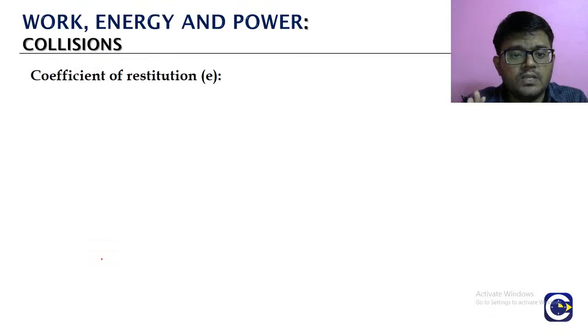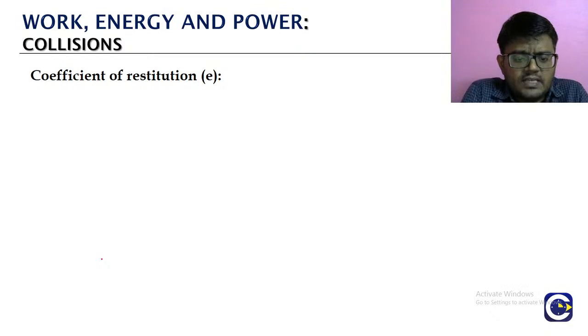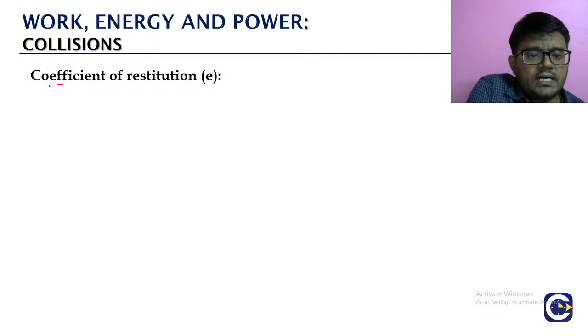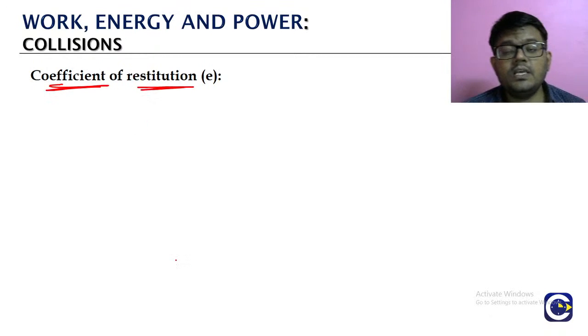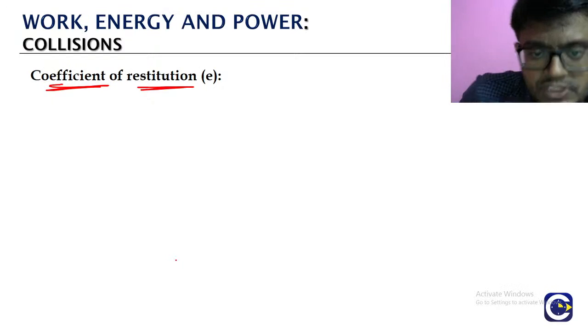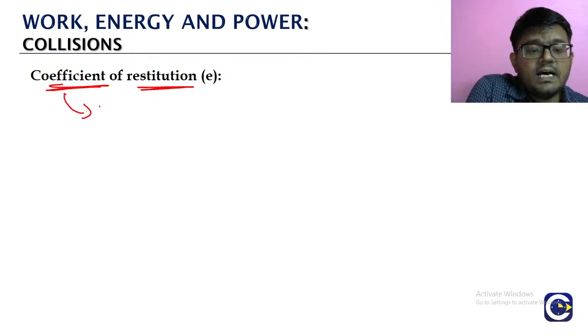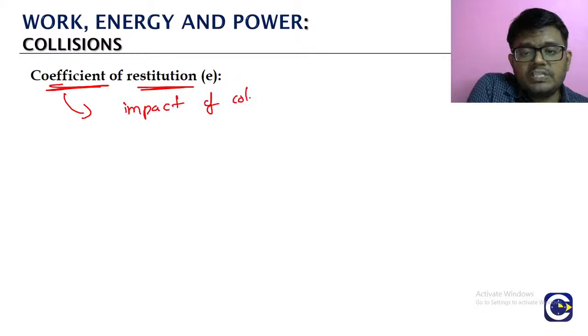Collision is basically the phenomenon where you are having an impact. The important term here is the coefficient of restitution. This is a term that is generally used to represent the impact of the collision.